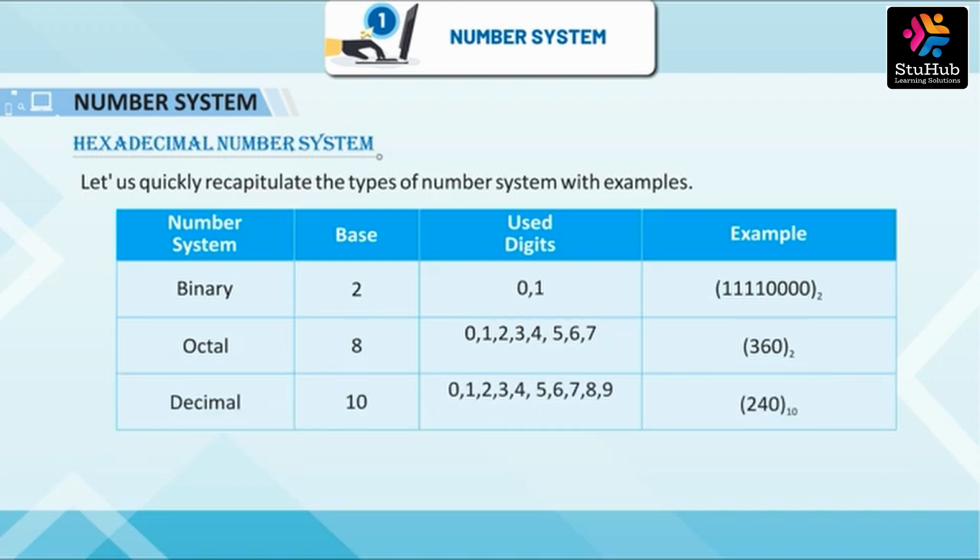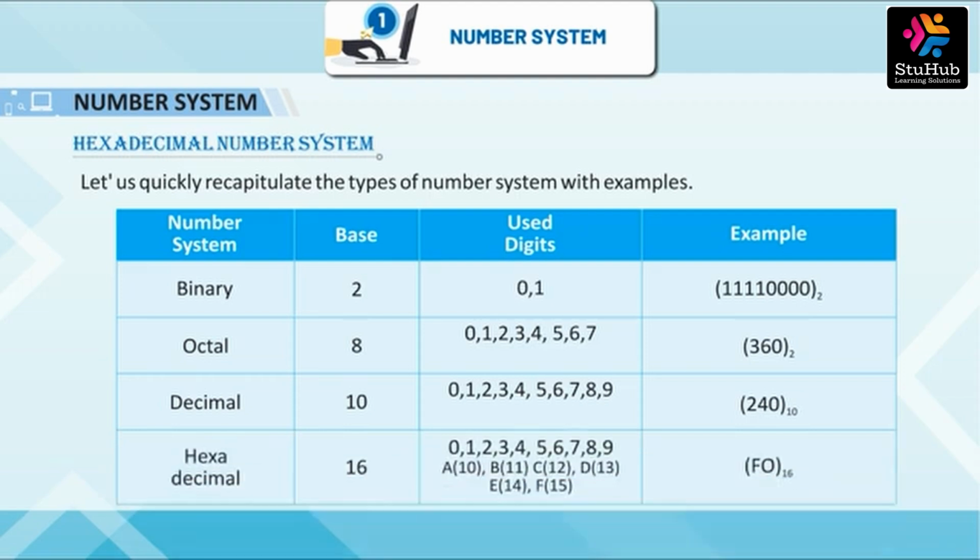Decimal, base 10, use digits 0, 1, 2, 3, 4, 5, 6, 7, 8, 9, example, 240 with base 10. Hexadecimal, base 16, use digits 0 to 9, A10, B11, C12, D13, E14, F15, example, F0 with base 16.